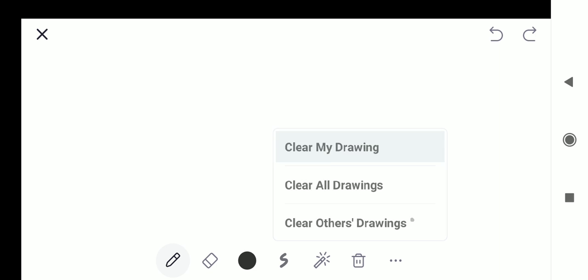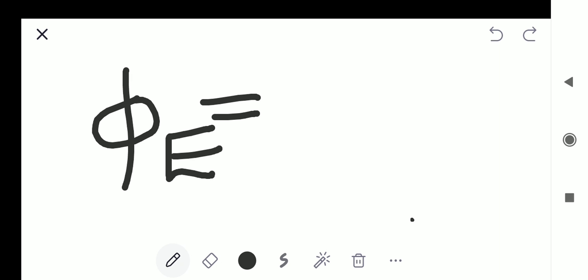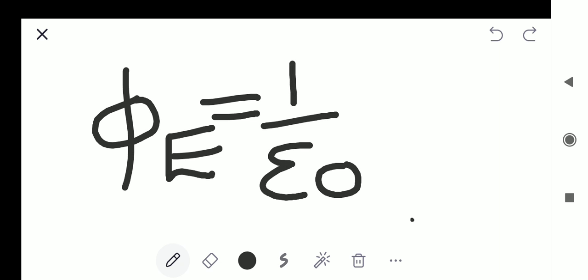So the electric flux in a closed surface is equal to 1 by epsilon naught times the enclosed charge.